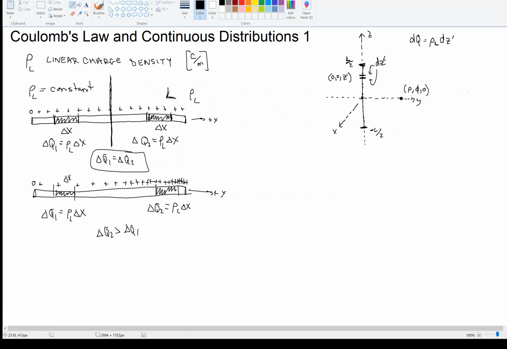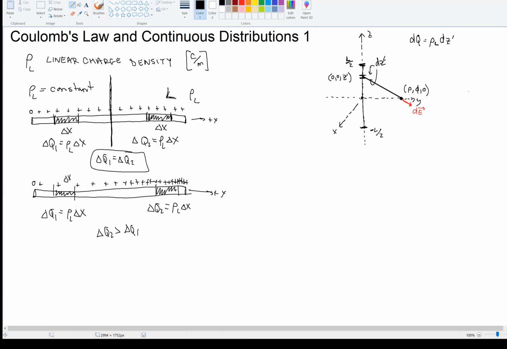And I'm going to draw a vector here from our infinitesimally thin slice to our field point. So we'll call that the field point. That infinitesimally thin slice creates an electric field at that field point. We're going to call that dE, for a differential electric field.